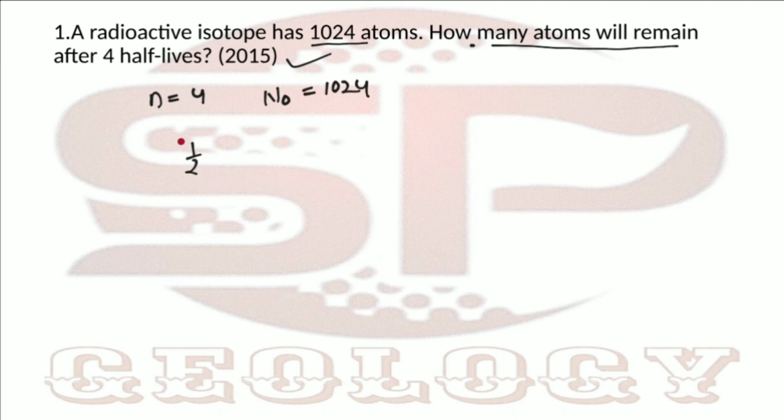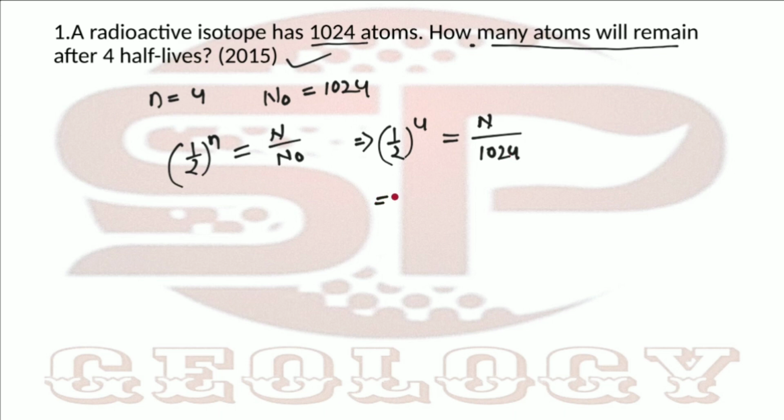So we can apply the formula (1/2)^n = N/N0. So (1/2)^4 is equal to N by 1024. If we solve this, then N will be 64 atoms.